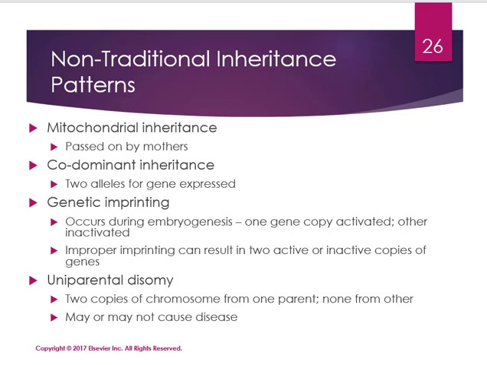And then uniparental disomy is two copies of chromosomes from one parent and none from the other. Often this does not have an effect on the child's health or development because most genes are not imprinted. This may or may not cause any diseases, depending on the specifics.